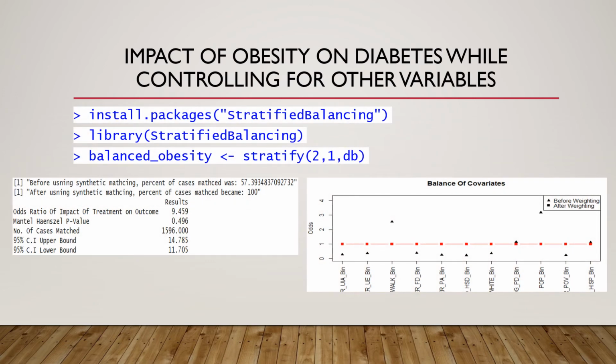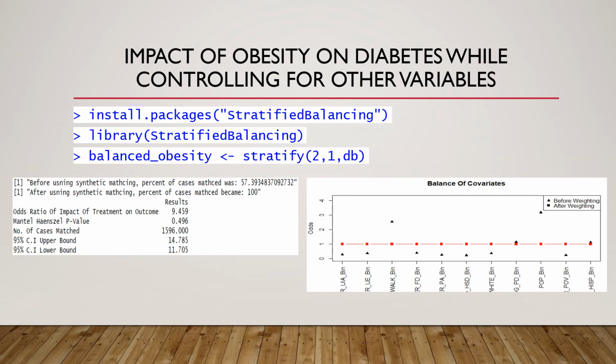Then, we can calculate the impact of obesity on diabetes by controlling for other variables. To do this, we can perform stratified covariate balancing, and to do this, we have to have the package stratifiedBalancing. If you do not have the package installed, you may use the first command, and if you do have it, please skip it and go to the second command and use the library.